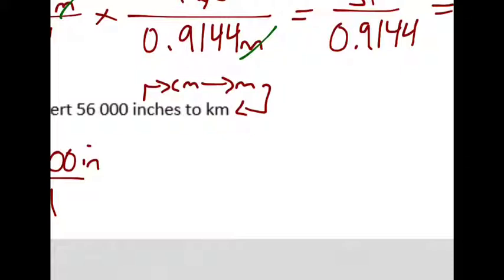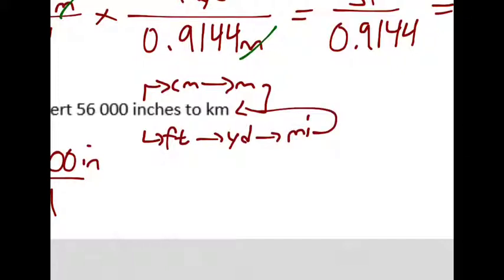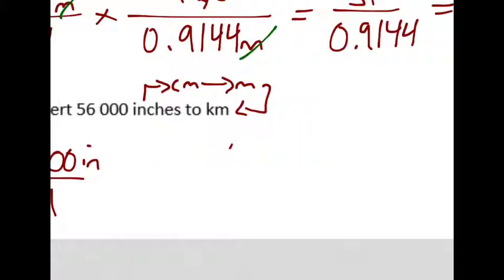You could also go inches to feet, feet to yards, yards to miles, and then to kilometers. You could take that path as well. But notice it's a little bit longer. It's important to just remember that there are multiple paths to this answer. Okay? But let's stick with the easier path here.